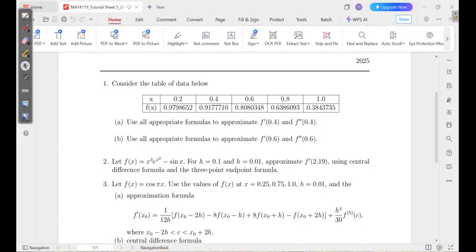So for the data that is given, let's see if we can determine our value of h. Okay, so the way we get our value of h is that's the difference between these two values, or these two values, like that. So you just have to do the subtraction there. Okay, so if we say our h is simply equal to 0.4 minus 0.2.